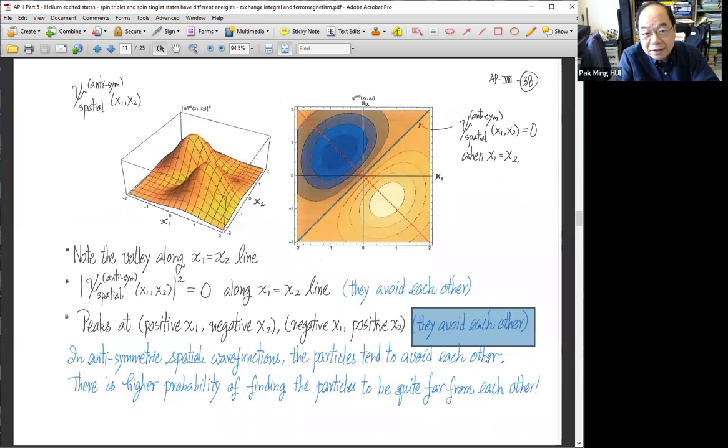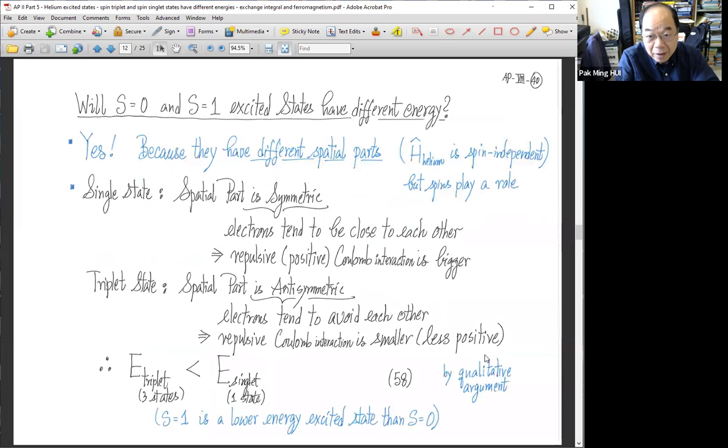So we are ready to answer the question. Last time we argued that because in our helium atom Hamiltonian, there is indeed Coulomb repulsion, an electron-electron repulsion term, we expect that when the spatial part is antisymmetric, namely the triplet excited state, the electrons tend to avoid each other by the spatial part construction.